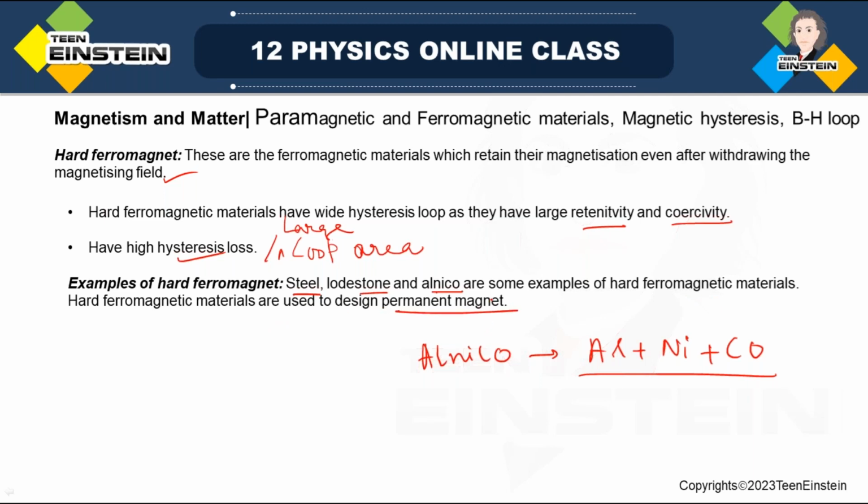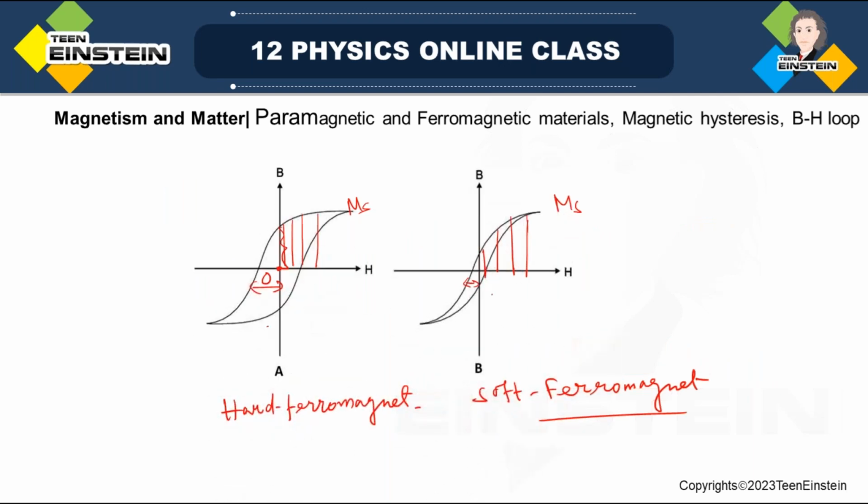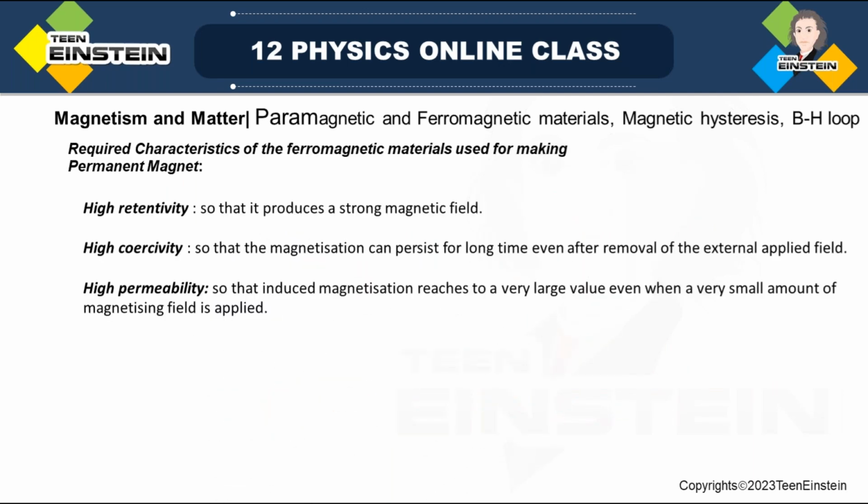Now I'll briefly discuss, this I have already discussed, the characteristics of ferromagnetic materials used for making permanent magnets. It should have high retentivity.